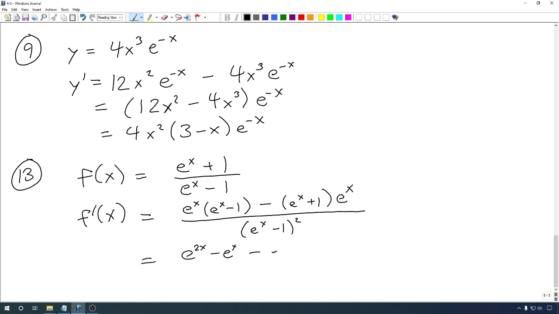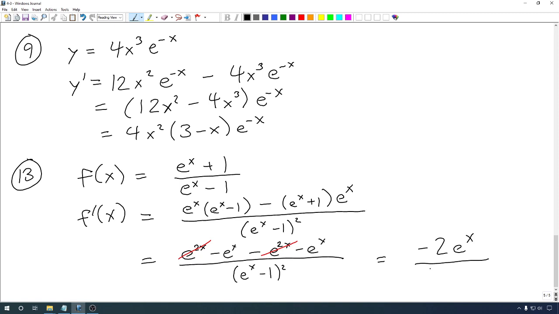So we have a minus e to the 2x, and then a minus e to the x. And look at that. We have an e to the 2x here and a negative e to the 2x here. The minus e to the x's combine into a minus 2 e to the x. And we can't really simplify that with the bottom at all. So that is the derivative of our function.